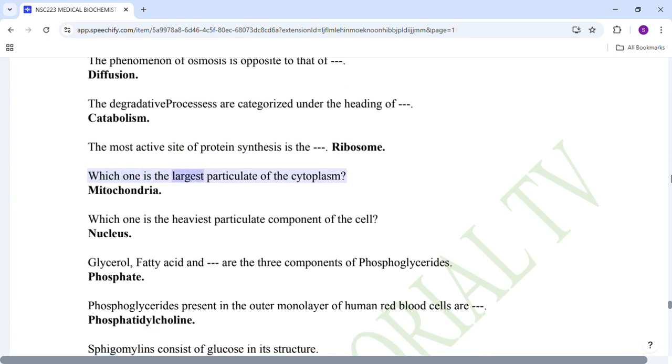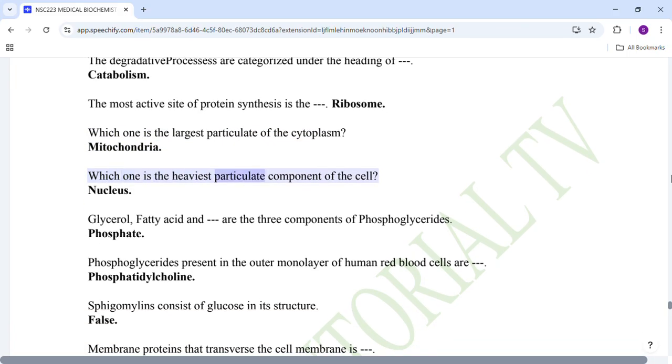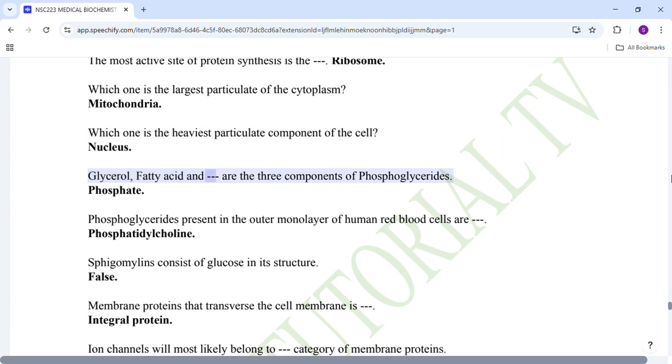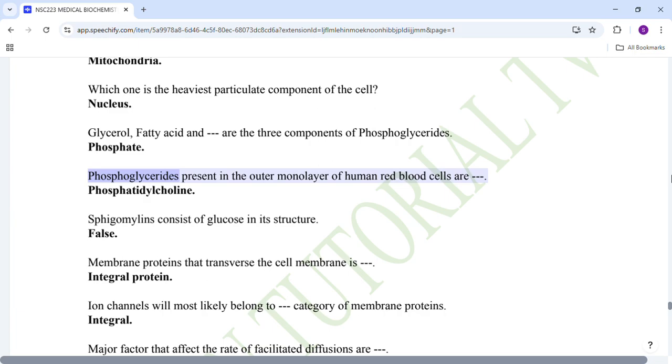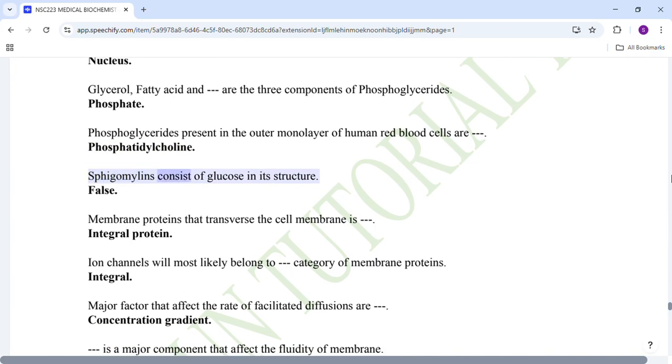Which one is the largest particulate of the cytoplasm? Mitochondria. Which one is the heaviest particulate component of the cell? Nucleus. Glycerol, fatty acid, and phosphate are the three components of phosphoglycerides. Phosphoglycerides present in the outer monolayer of human red blood cells are phosphatidylcholine. Sphingomyelins consist of glucose in their structure.